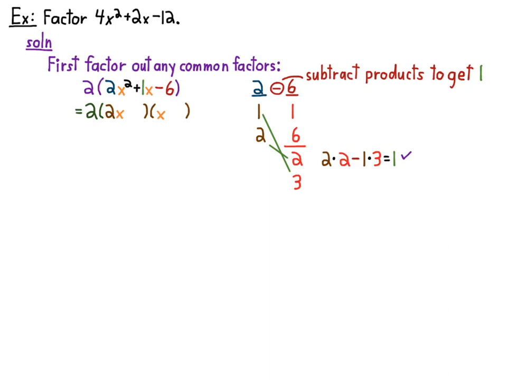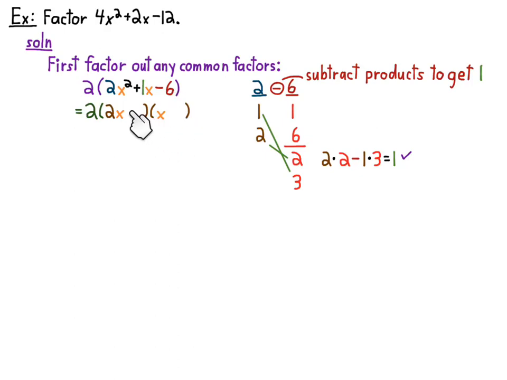So don't forget the 2 from here. Just bring it down. I'm not sure why I didn't make that purple, but okay. And then I'm going to have a 2x and an x. That's obvious because it's the only way to factor 2. 2x and x. Now, one of these is a plus and one's a minus because this is negative, and the product of these two equals negative 6.